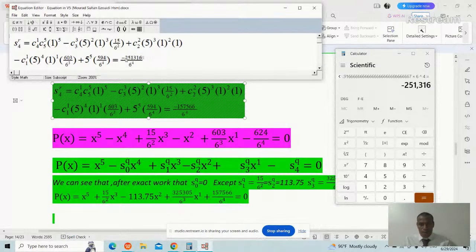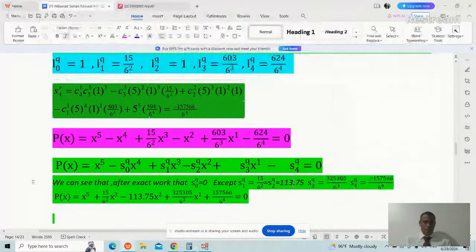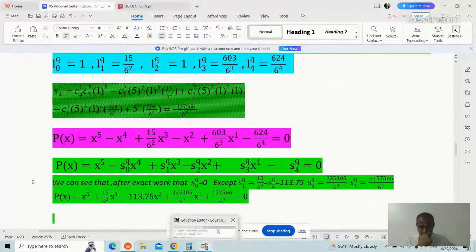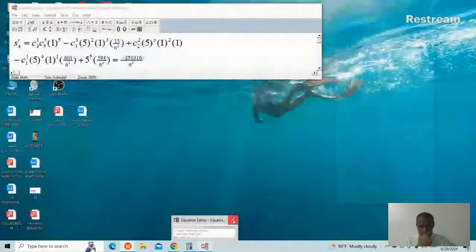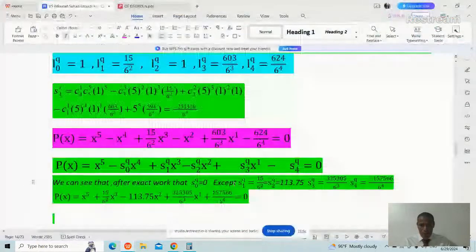I will take only this value. Now we told S4 is S3 or S4 plus amount. Oh, I should close this. Sorry.